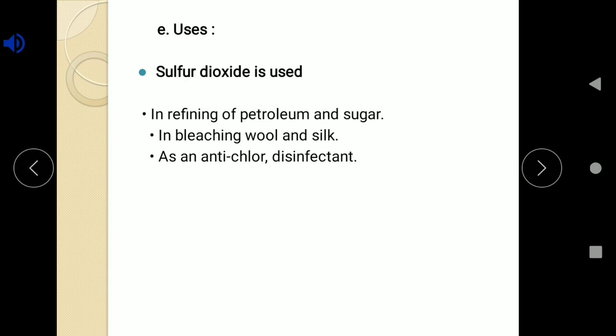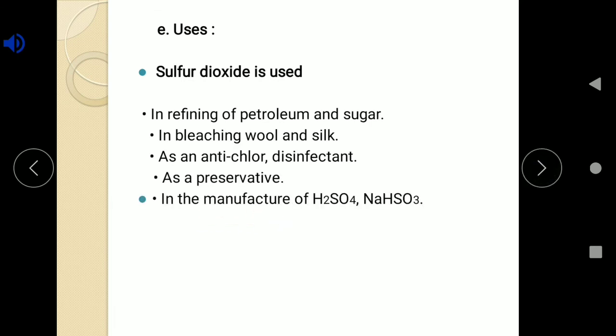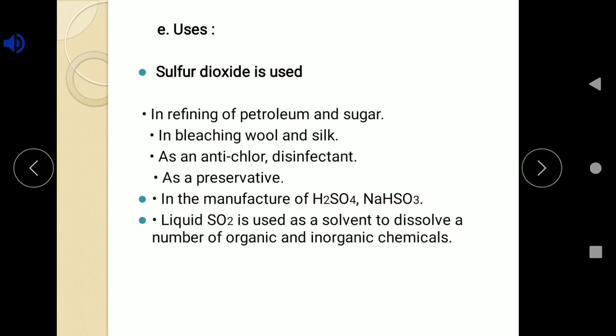To reduce those side effects, it is used as an anti-chlor reagent. It is used as a preservative. It is used to prepare other chemicals like sulfuric acid, NaHSO3, etc. Liquid sulfur dioxide is used as a solvent to dissolve a number of organic and inorganic chemicals. So these are the uses of sulfur dioxide.